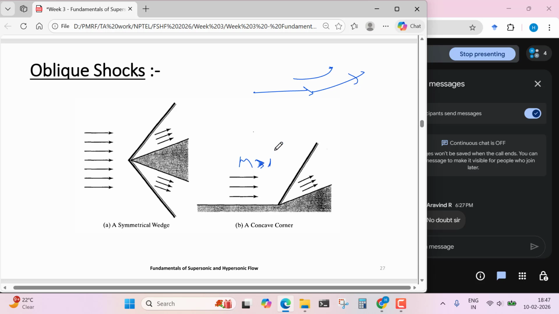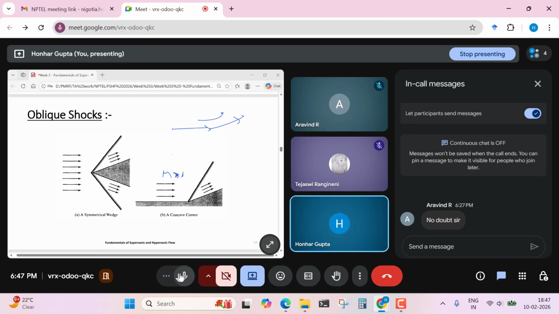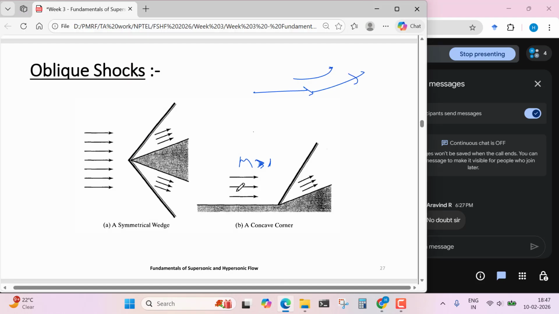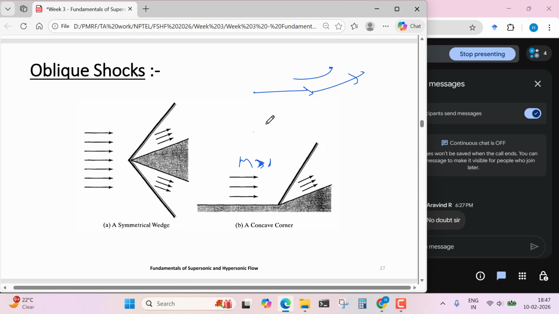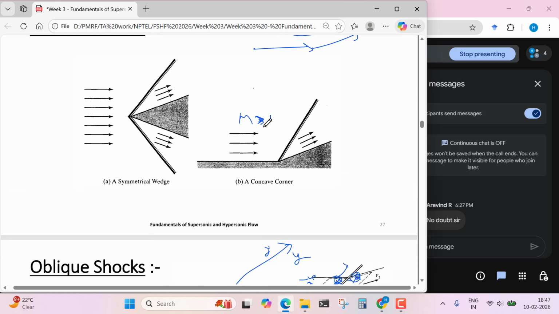If it is subsonic, it does not happen. So it happens only when Mach number is greater than 1.